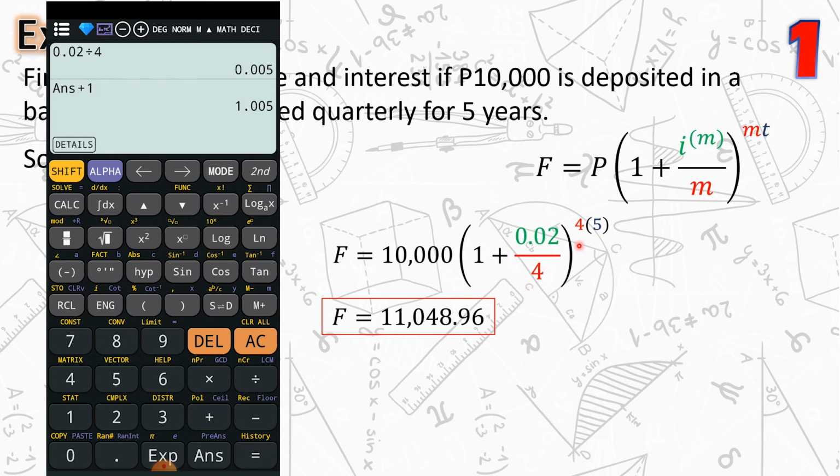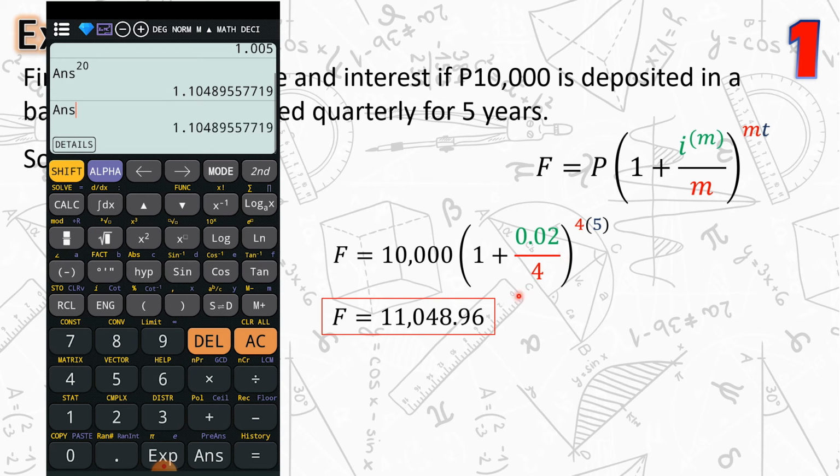Next is exponent, raised to 4 times 5. That will be 20. So press the key answer and then the exponent and then 20. Press the equal sign. So the answer now is 1.104895577719. If you are doing the calculation for each operation, do not round off in the middle.